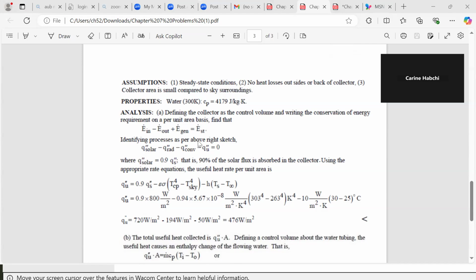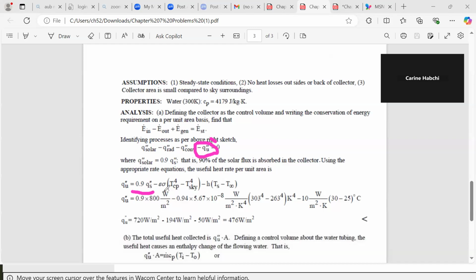Okay, now from here I can calculate the useful heat that will be given to my water. So this is what I care for. I want to determine the useful heat that will leave the collector and go to water. As we said, the incident flux is 90% times the solar flux.